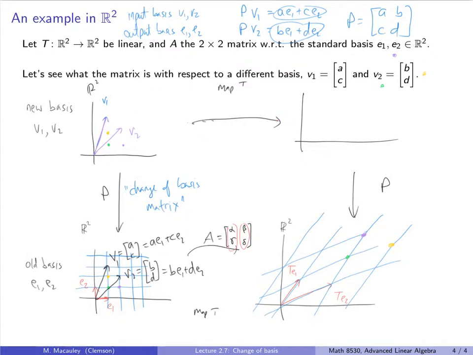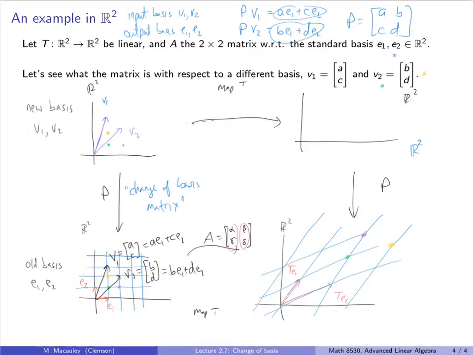Starting up here, do the change of basis matrix to send us down here, then apply the matrix A to send us over here, and then do P inverse to send us up to here. So remember that diagram we had on the previous slide. Let me do it in miniature over here.